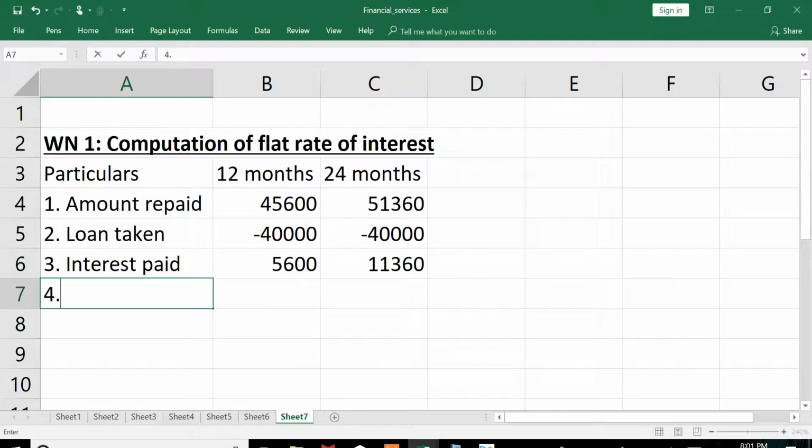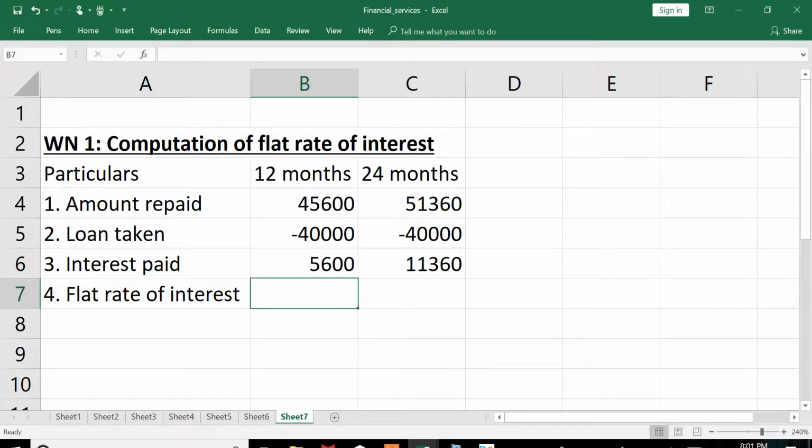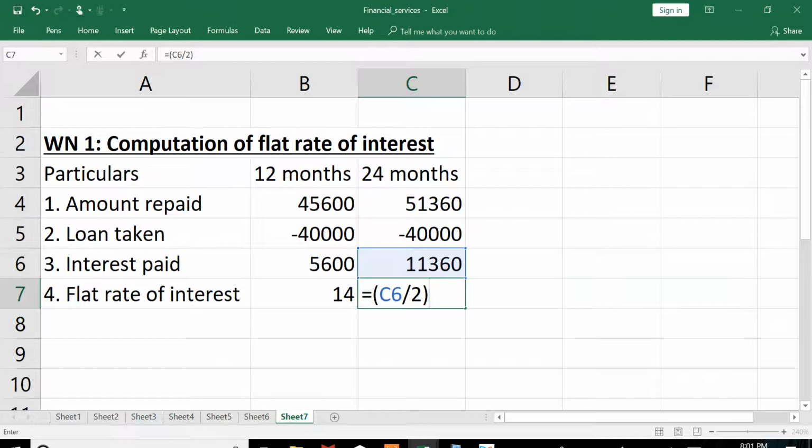Now this is what is normally advertised as the flat rate of interest. The person will say your interest is not that high, it's 5,600 divided by 40,000. Listen for a minute, it will come out to be 14%. In the second case I am dividing by 2 because I calculate interest for 1 year; this is a 2-year interest which you pay. Again divided by 40,000.